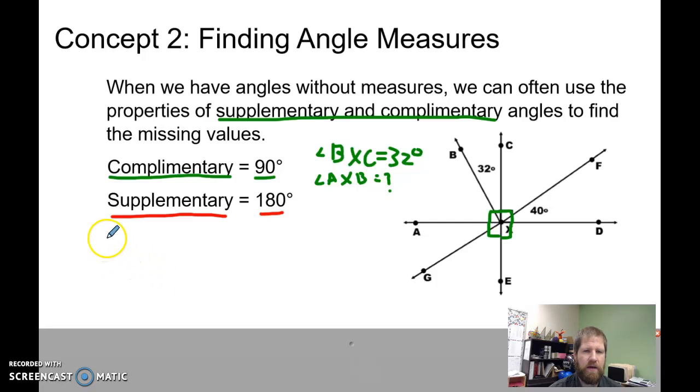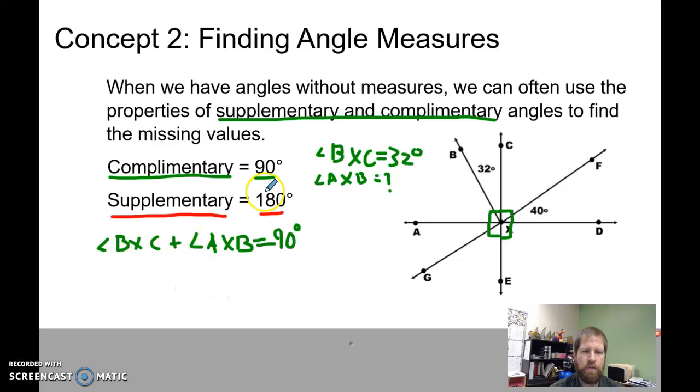If I have angle BXC plus angle AXB, it should equal 90 degrees. They're complementary. The both of them together will equal 90 degrees.